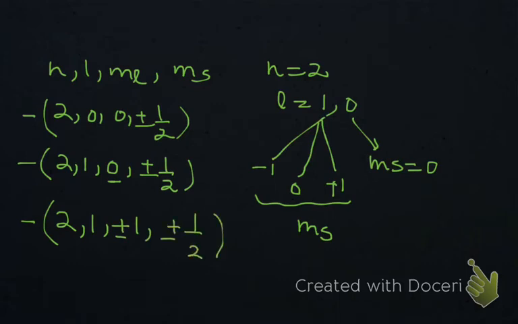Now you can see we have 8 degenerate levels, 2 plus 4, here we have 4 levels, 2 due to plus minus 1 and 2 due to plus minus half. So we have 8 levels.